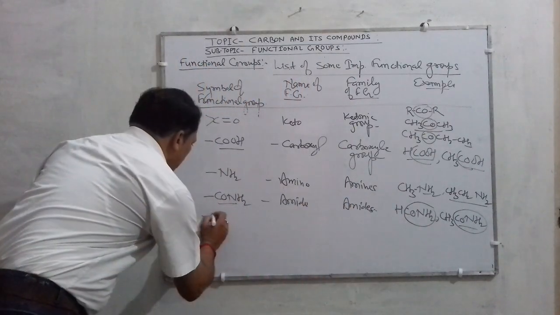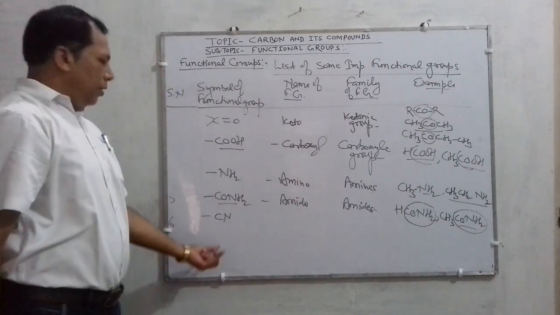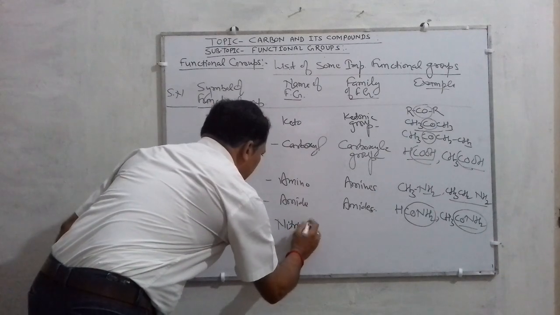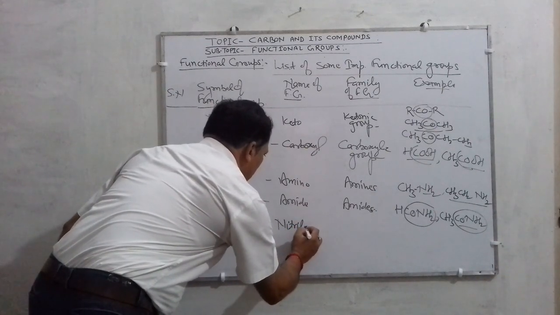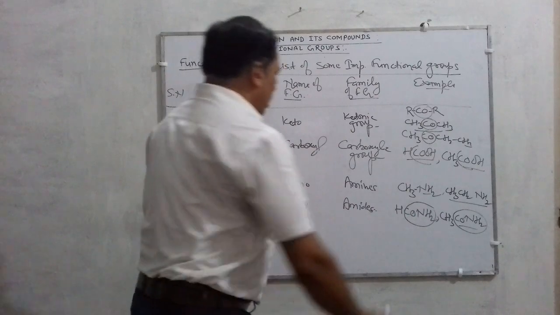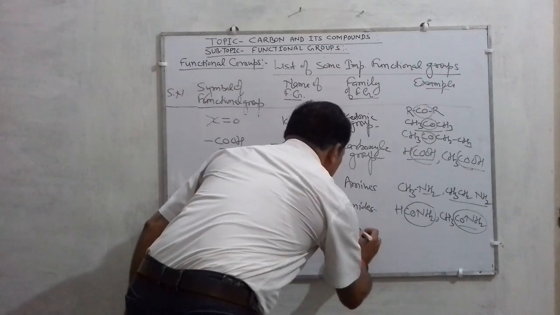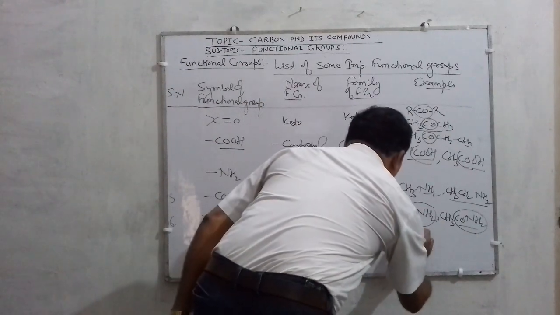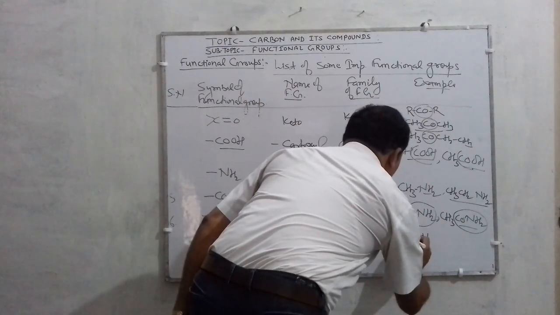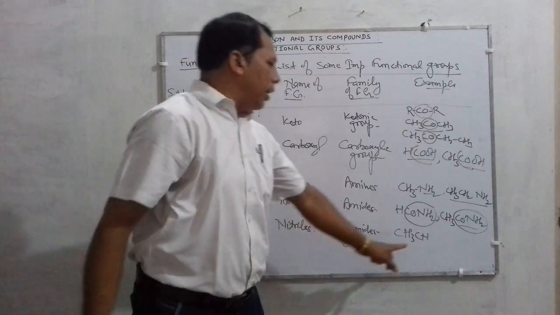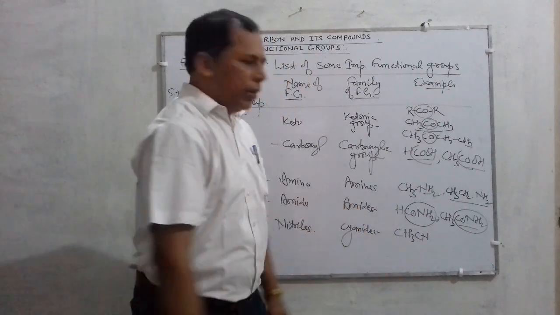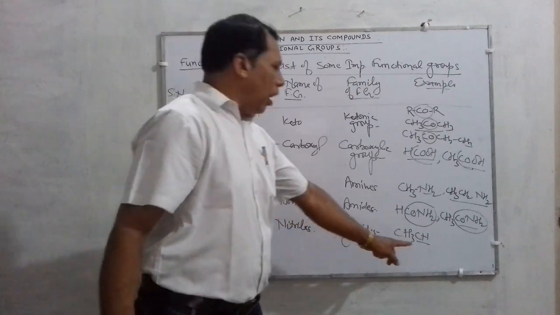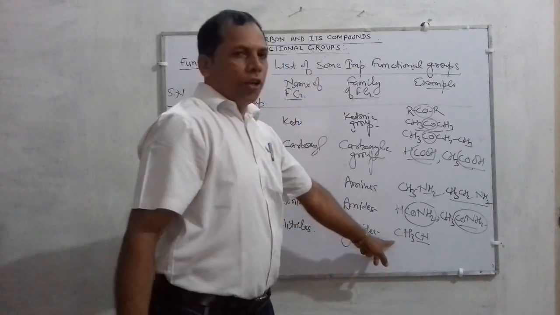One more, that is CN. CN is called, children, nitriles. Nitrile. And here you can say cyanides. Okay. Example you can put CH3CN is a methyl cyanide, in which CN is a functional group, cyano or nitrile, and IUPAC name is ethane nitrile.